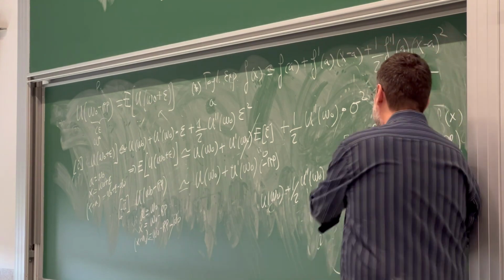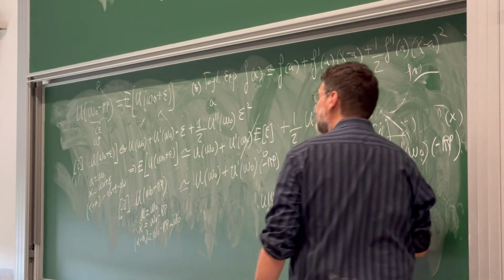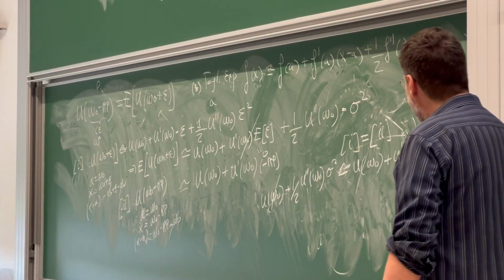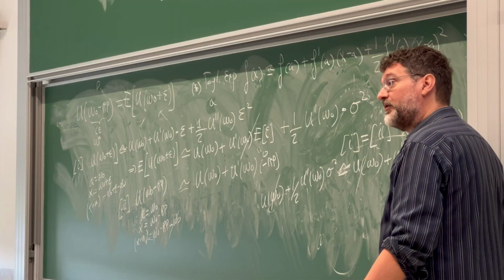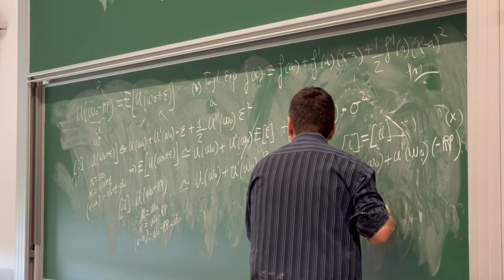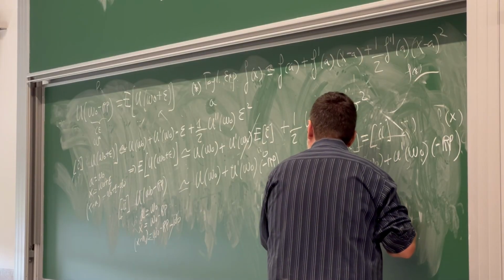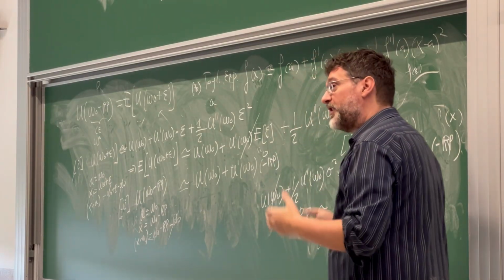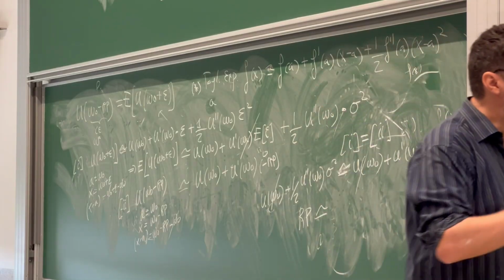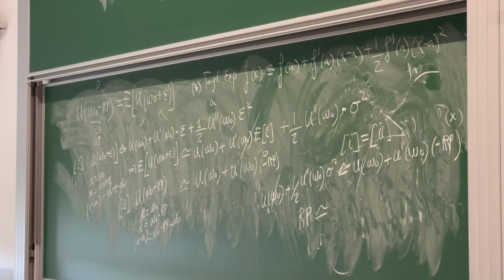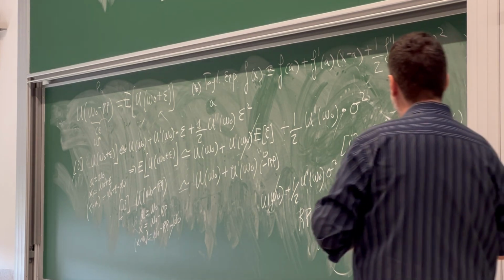The point is, this guy and this guy cancel out because they are both at the same point. And we have here the risk premium, so we can solve for the risk premium in this expression. If this holds true, the risk premium must be equal to, in an approximate way, for small values of the epsilon random variable, in a local neighborhood of omega 0, when this point is not very far away from there, this risk premium will take this expression.